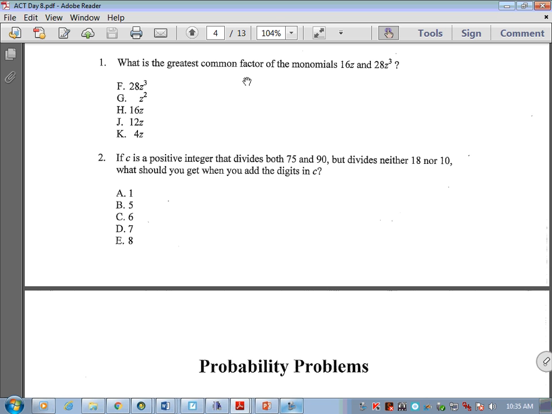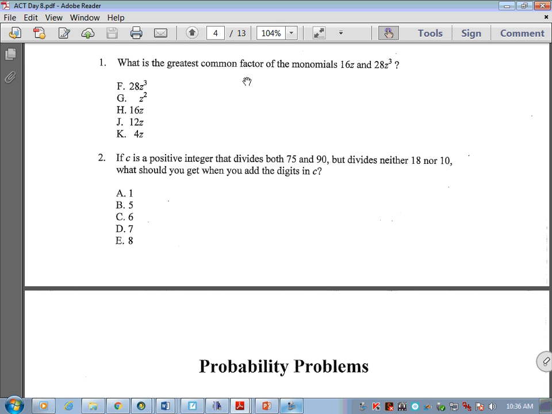Will 28z cubed go into 16z? No. All right, will z squared go into 16z? No. Will 16z go into 16z? Yeah, okay. But will 16z go evenly into 28z cubed? No. Will 12z go into 16z? No. Will 4z go into 16z?